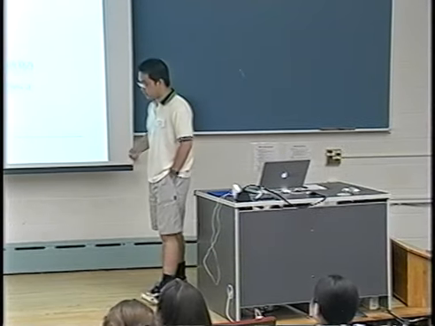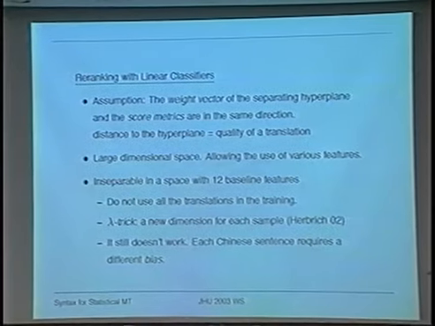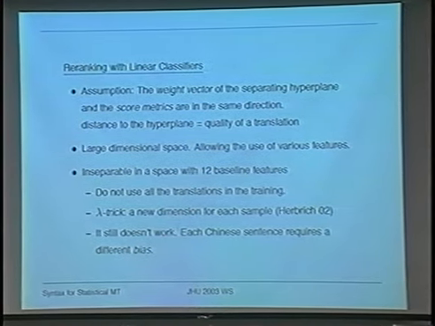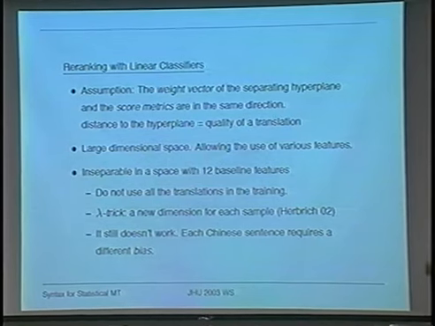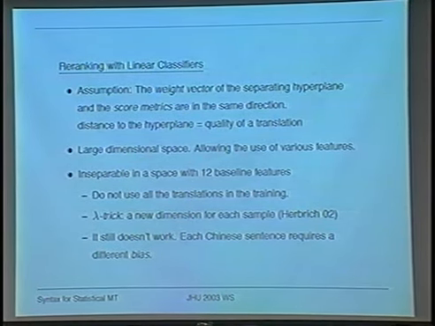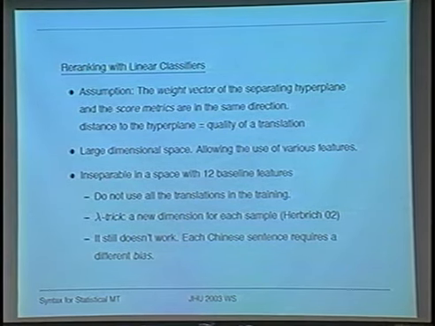The underlying assumption is that if we can find a hyperplane that could successfully separate the good translations and the bad translations, then the distance to the hyperplane could determine the quality of the translation, which means that the direction of the weight vector is in the same direction as the score.